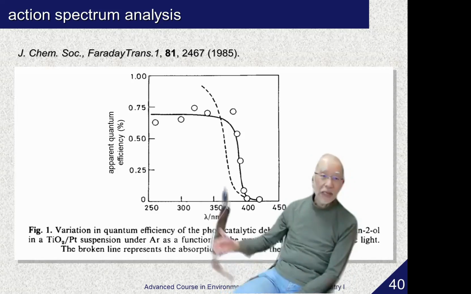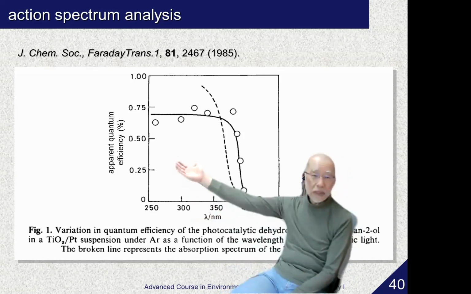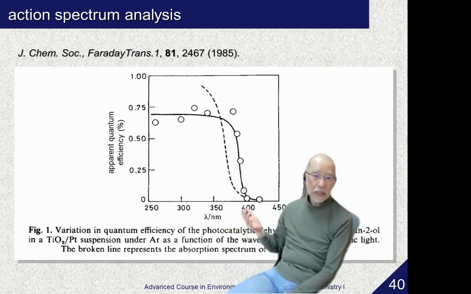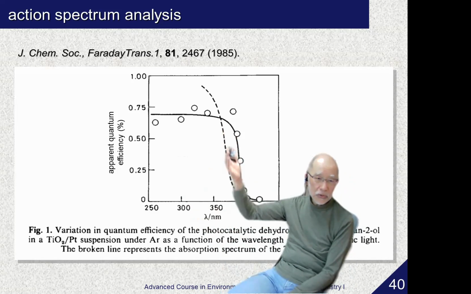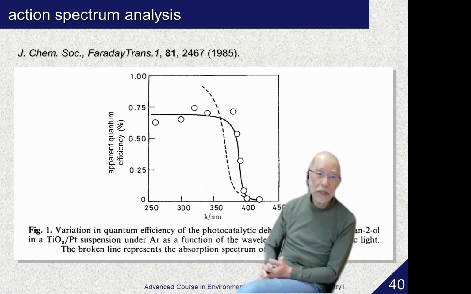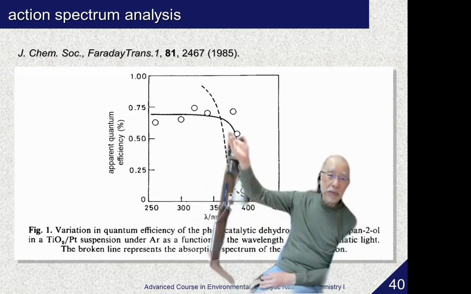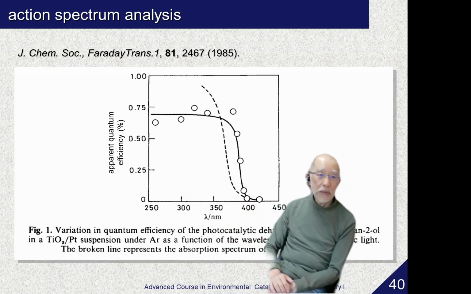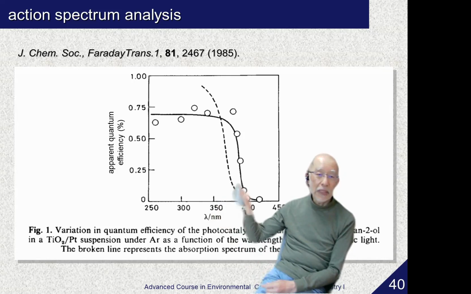Anyway, the apparent quantum efficiency is plotted against wavelength, and this dashed line is the photoabsorption spectrum of titania in suspension. It is possible to conclude that this reaction, hydrogen evolution from 2-propanol solution, is induced by photoabsorption by titanium.